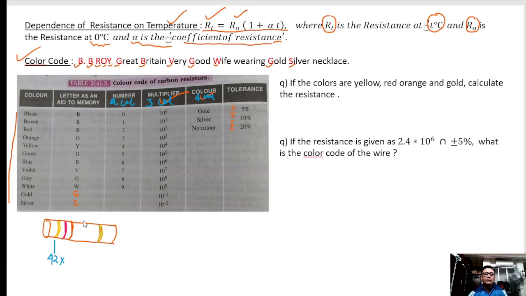The third color is orange. Where is orange? Here is orange: 10 to the power 3. So we will write into 10 to the power 3. And fourth is gold. What is gold telling? It is plus minus 5%.